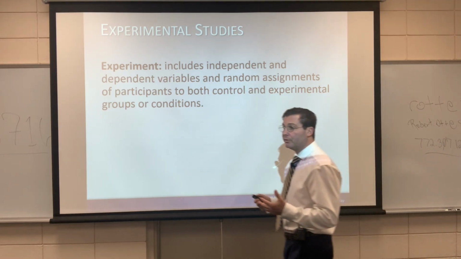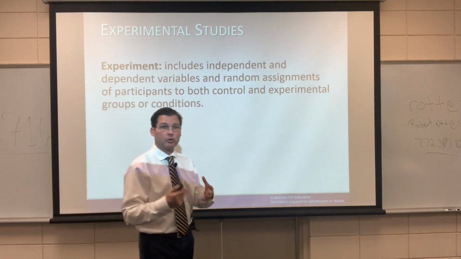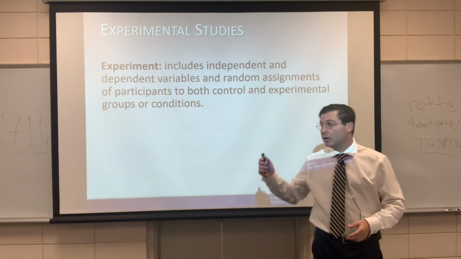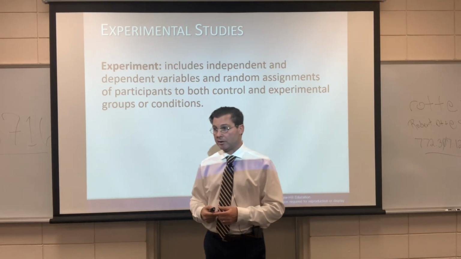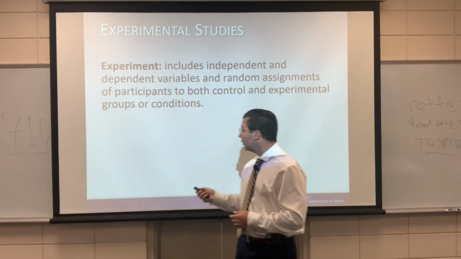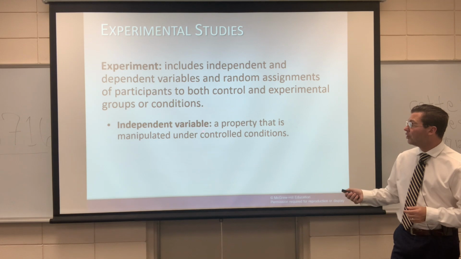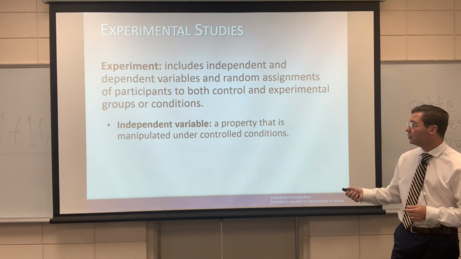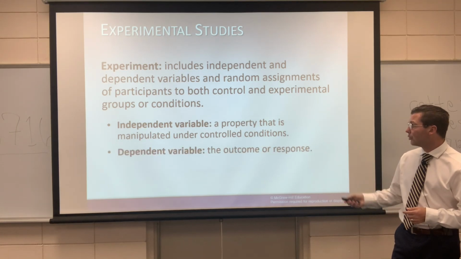The control group is important because it's going to be the group that does not get the treatment. The experimental group is going to get the treatment. So the independent variable is the variable that is manipulated under controlled conditions. The dependent variable is the outcome or response.